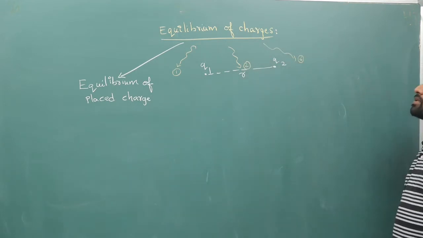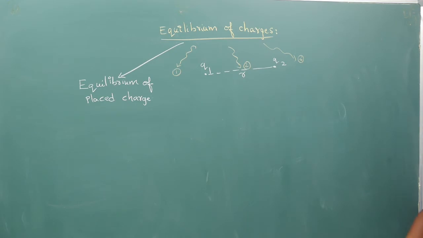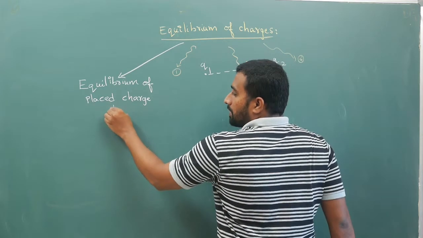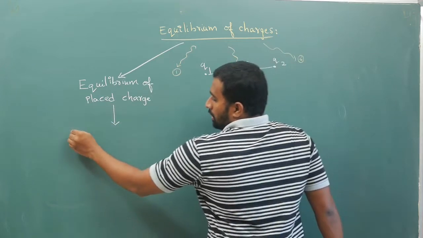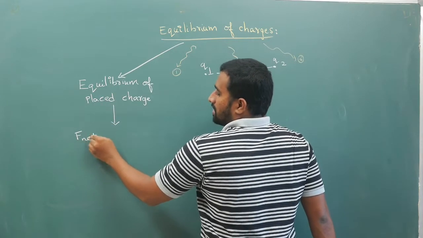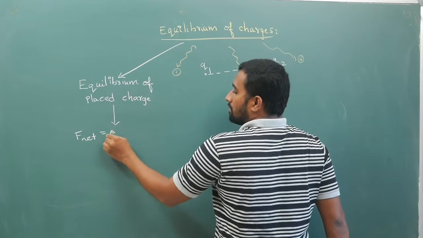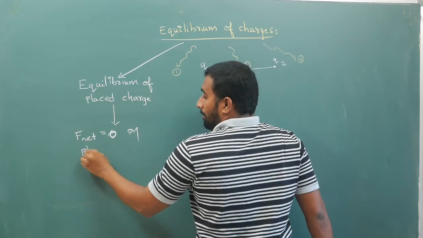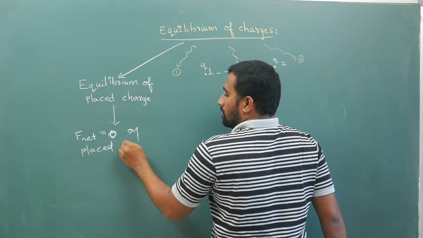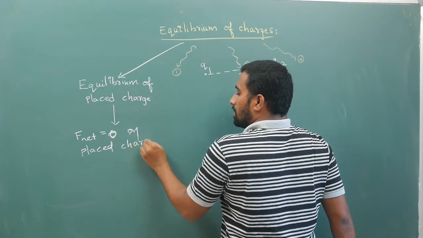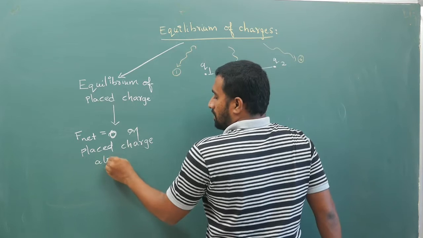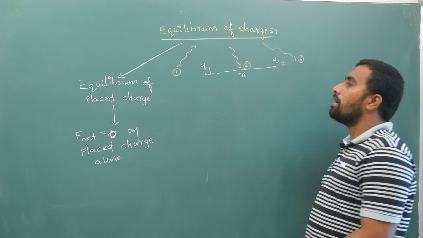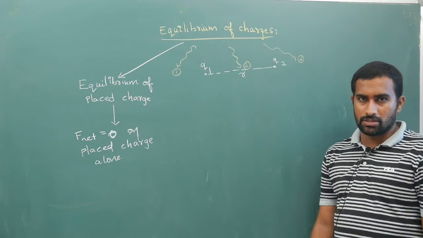So three positions are possible. Now in all the three positions, if I am talking of equilibrium of placed charge, net force is 0 on the placed charge alone. Whatever charge you are placing, only on that charge net force is 0.